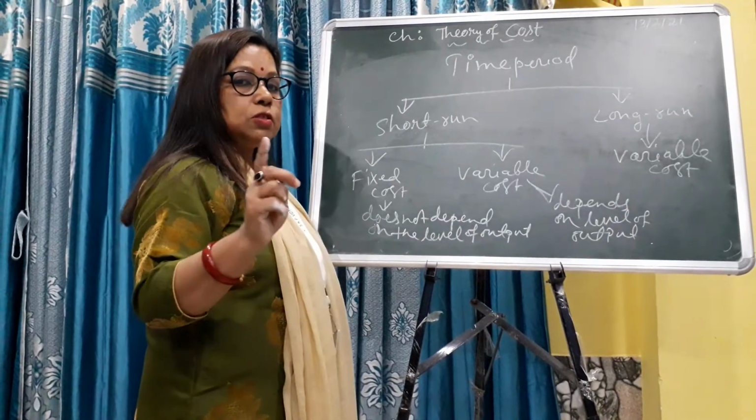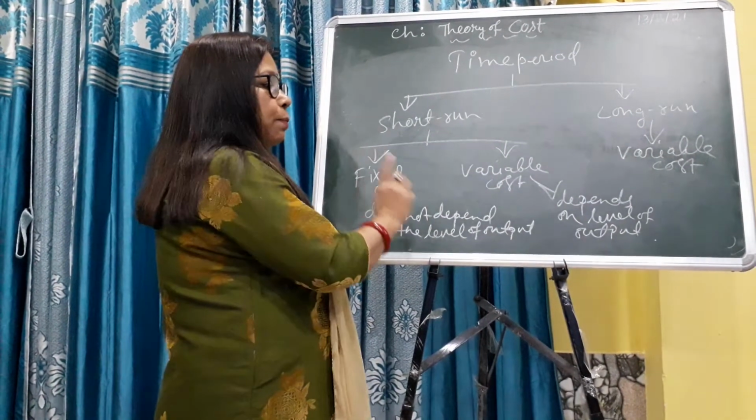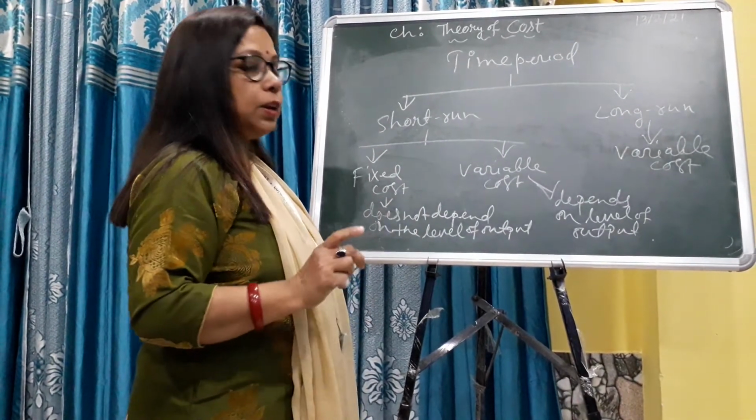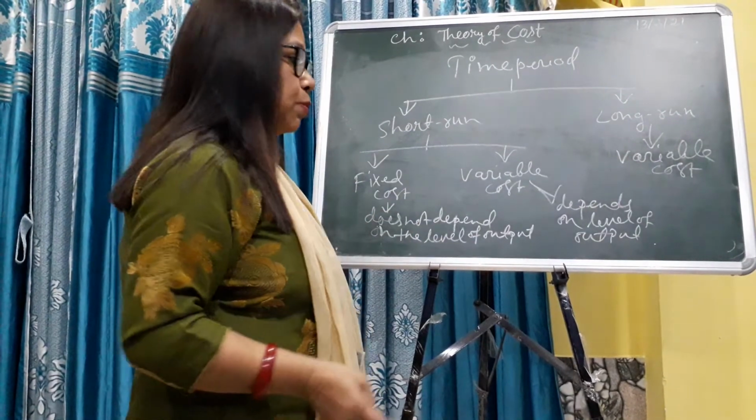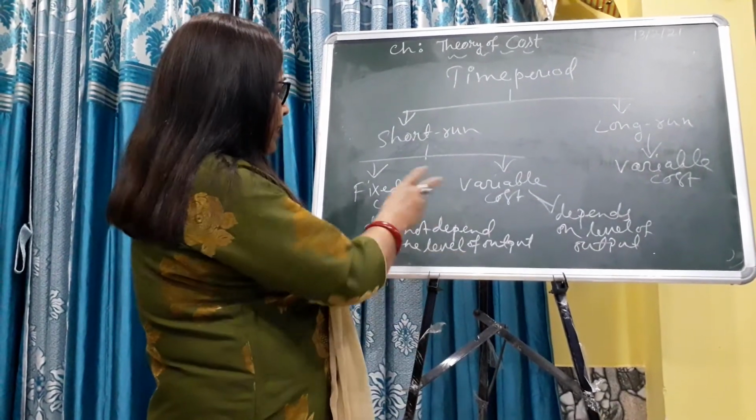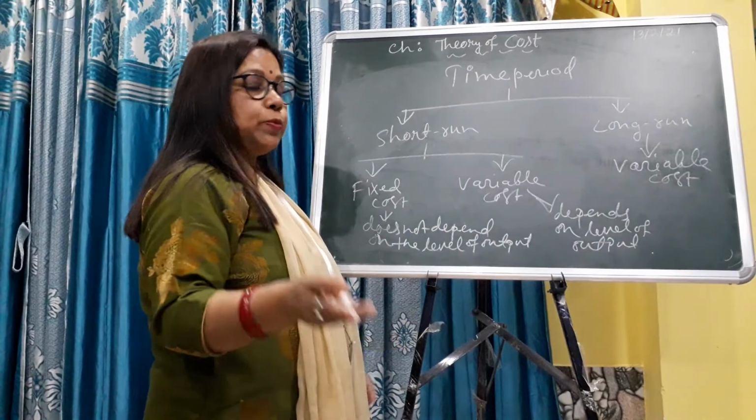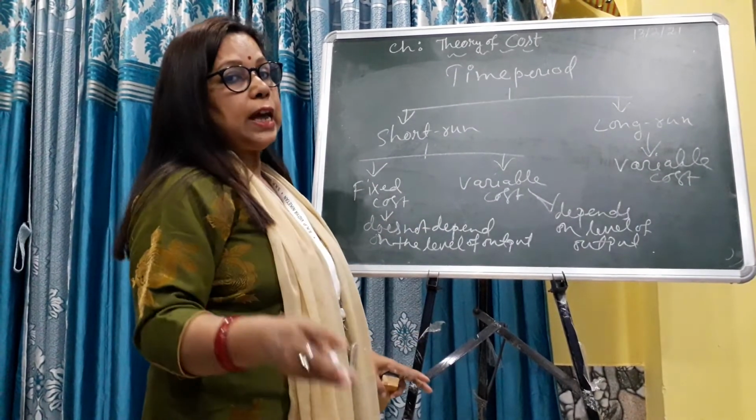Fixed cost does not depend on the level of output. Variable cost depends on the level of output. This is very important. Now when we add fixed cost and variable cost, we get total cost.